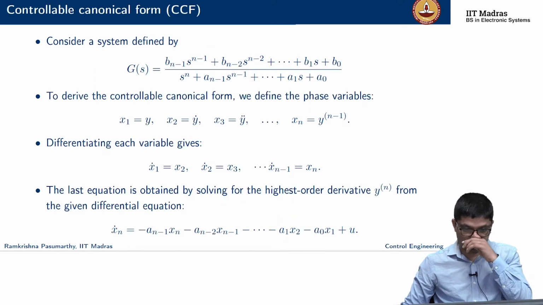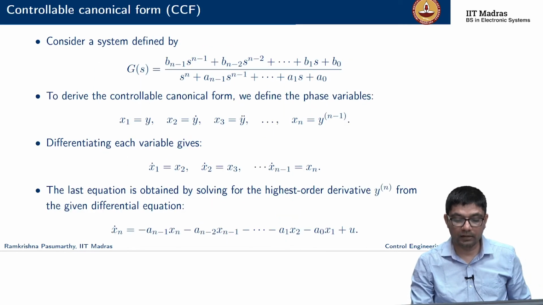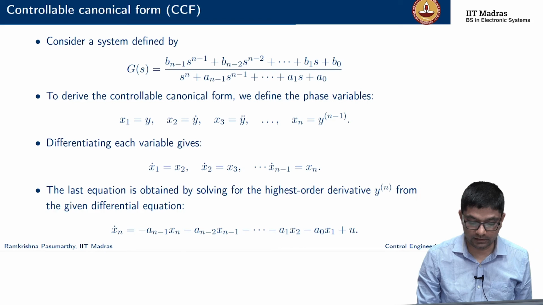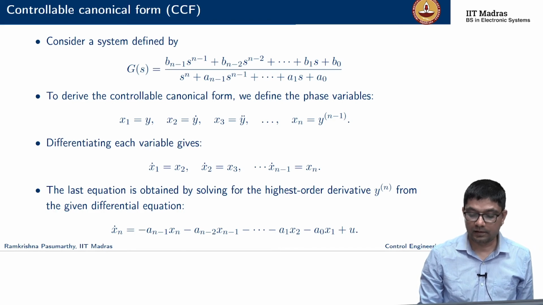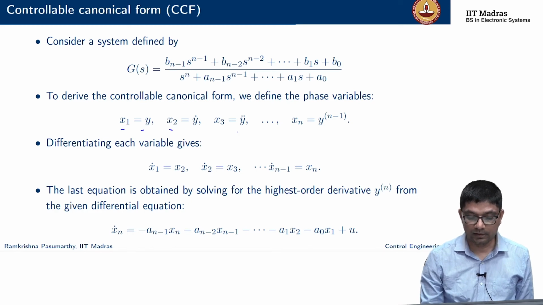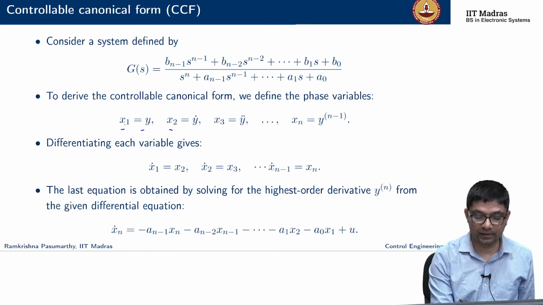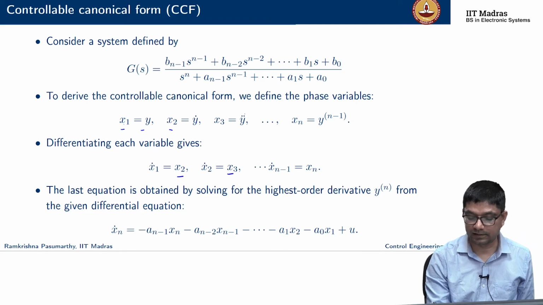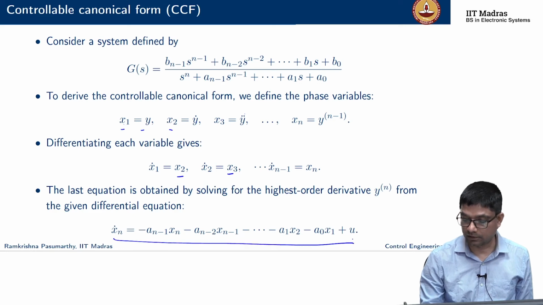Okay, nice. So now I'll go to the controllable canonical form. I think we also did this a little bit last time. We called, so let's say I have x1 equal to y, x2 equal to y dot, and so on. Differentiating each variable will give me x1 dot is x2 because it says y dot. Differentiate y dot, x2 dot is y double dot is x3 and so on. And the last equation I just solve for the nth order equation.